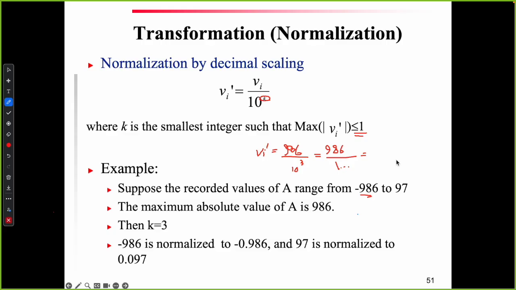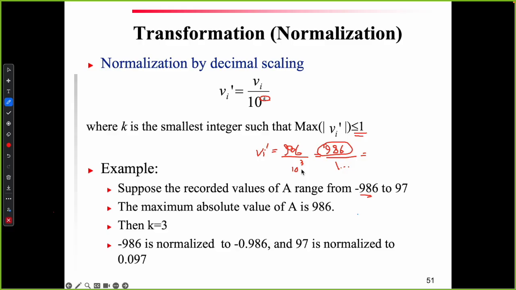So the reason we choose k equal to 3 here is, simply, that this has 3 digits. Because it has 3 digits, dividing by 10 to the power of 3 guarantees that all your new values are less than 1. You use this mainly when you want to normalize your values quickly, because it is really fast.